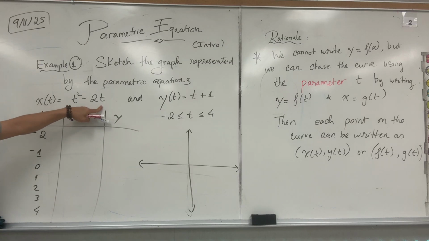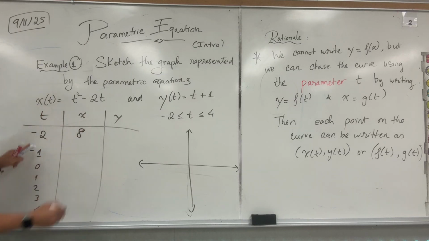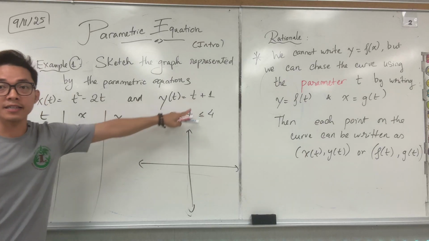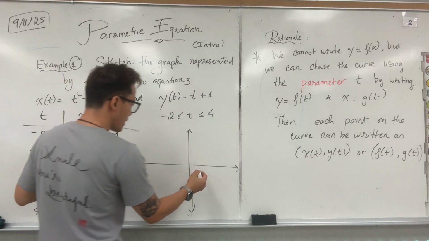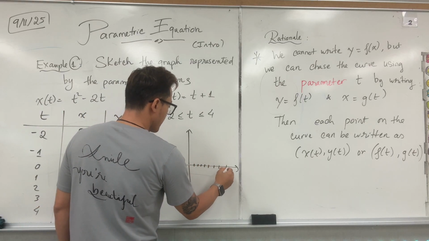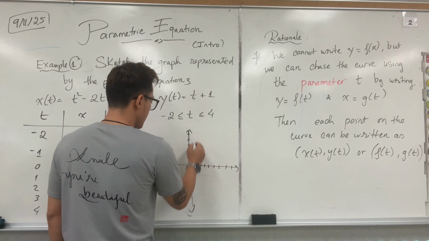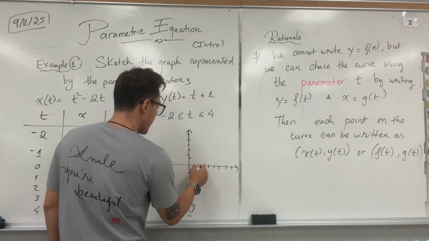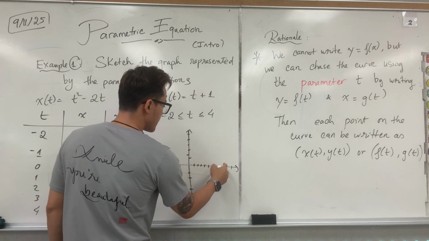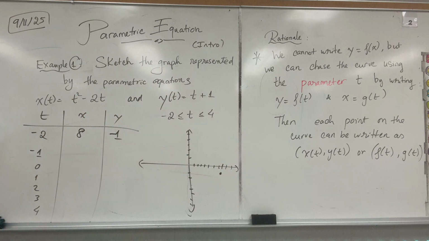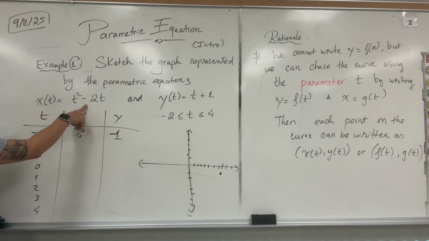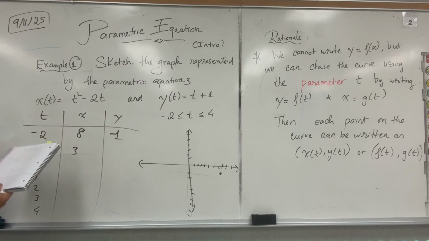So 8. And for y, at -2 it is -1. So 8 and -1. And the next one, 1 plus 2, which is 3. So you know how to calculate this? I'm going to give you the whole thing.